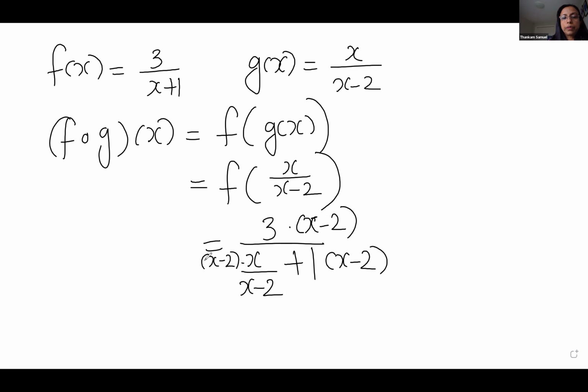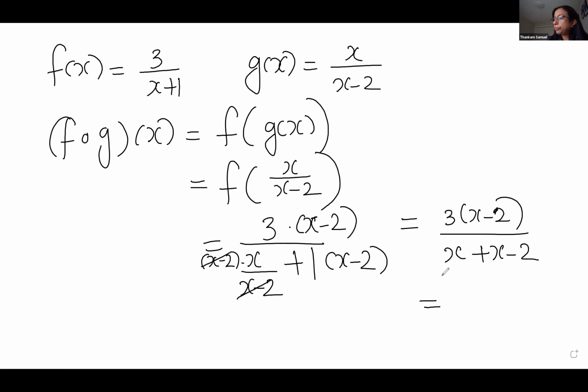So 3 times x minus 2 divided by, we can cancel these x minus 2, so x plus x minus 2.